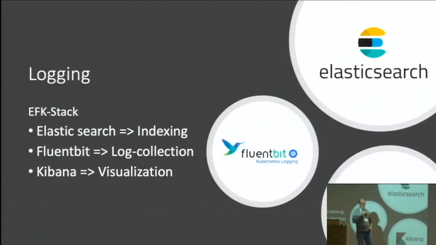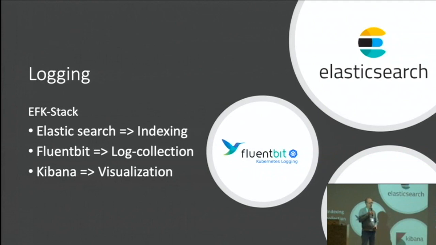For logging, we also already did some experiments. So we have one cluster in our dev landscape where we set up the typical EFK stack, so Elasticsearch for indexing, FluentBit for the log collection. So that's a small component running on each of the pods in the sidecar, which just grabs the logs and sends them to Elasticsearch.